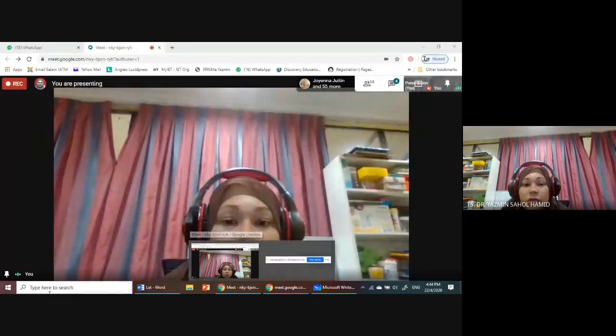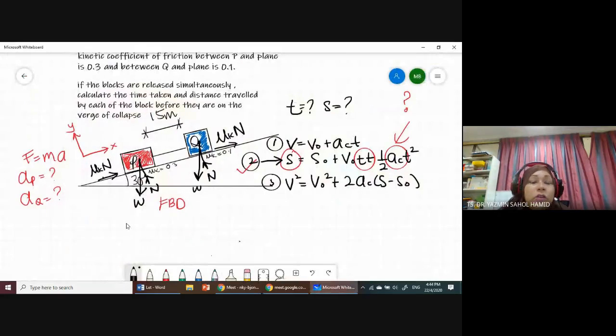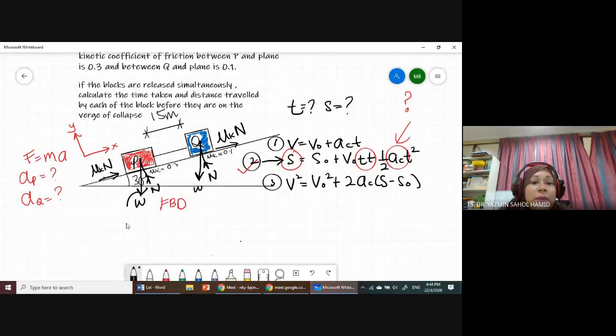Now, don't forget you need to resolve W. W is not in the direction of X and Y. N is in the Y direction. So W is here, and you need to resolve it in the Y direction and in the X direction.